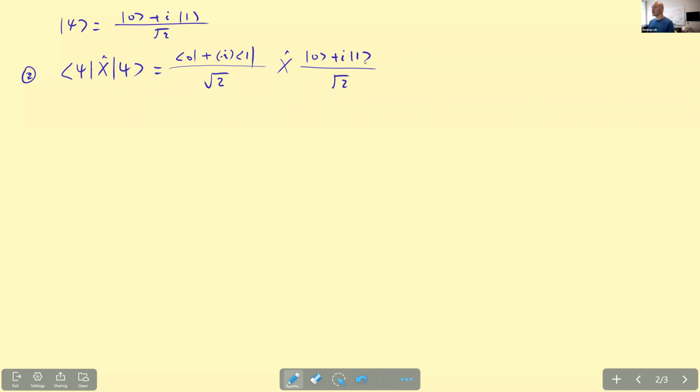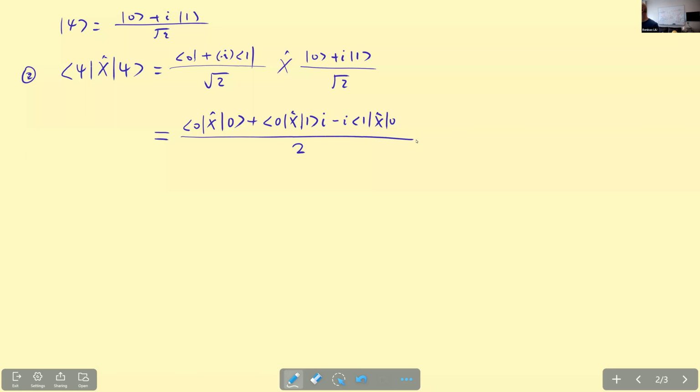Now you can again expand this one, with square root of 2 times square root of 2, right? So you have <0|x|0>, and you have <0|x|1> times the coefficient i, and you have minus i <1|x|0>, and minus i times i <1|x|1>.